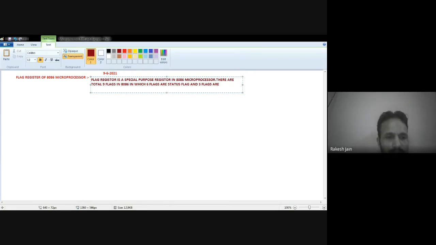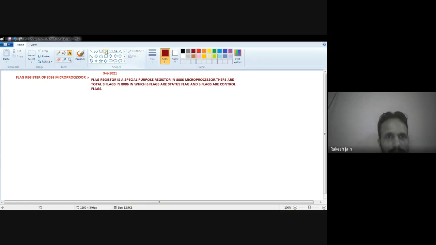The 6 are the status flags and 3 are the control flags. Now I am going to draw this flag register.